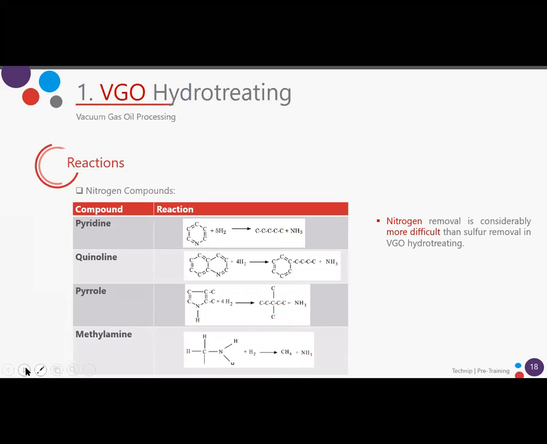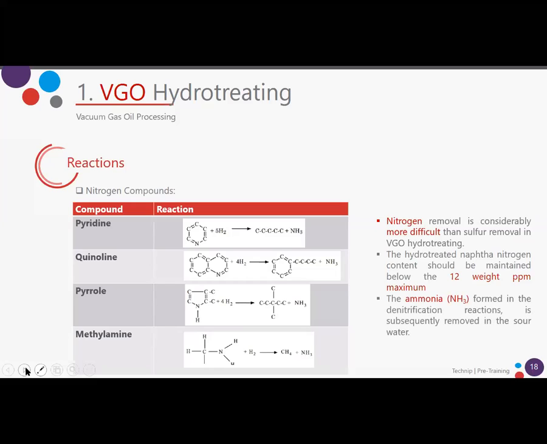The nitrogen removal is more difficult than the sulfur removal, and the hydrotreated nitrogen content should be maintained below 12 ppm weight. The ammonia that is formed during these reactions is removed in the sour water that we have seen in the process description.